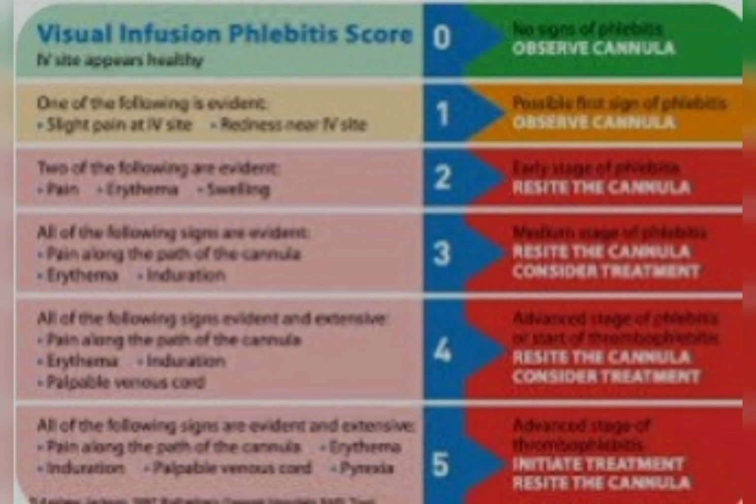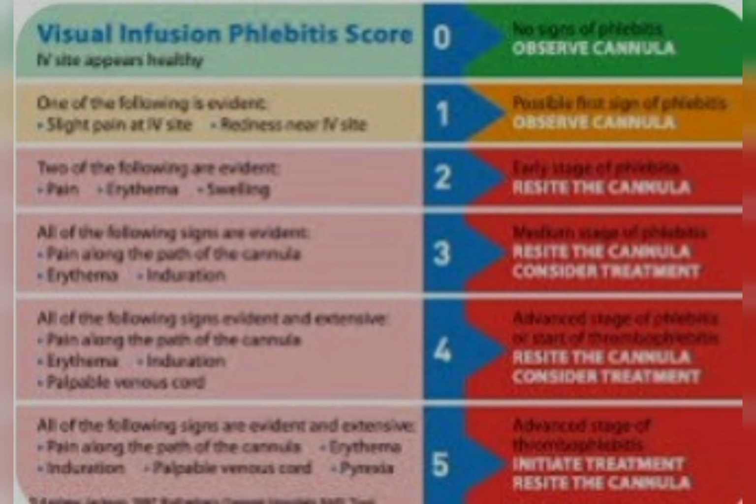VIP score 4: there is pain over the site, redness and induration, along with a palpable venous cord. Immediately remove the cannula, reset the cannula and apply a thrombophobe ointment.